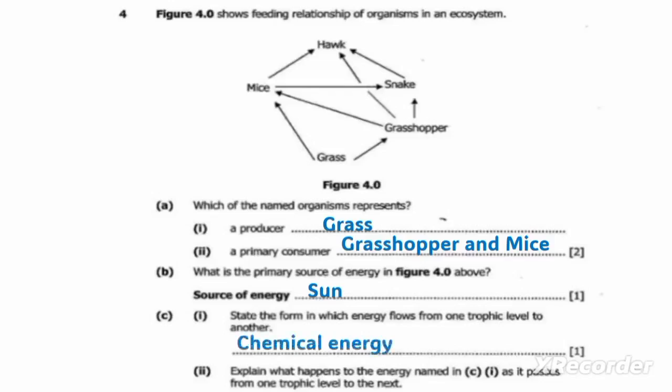Therefore, our correct answer is chemical energy. So energy is transferred from one trophic level to another in a chemical form.